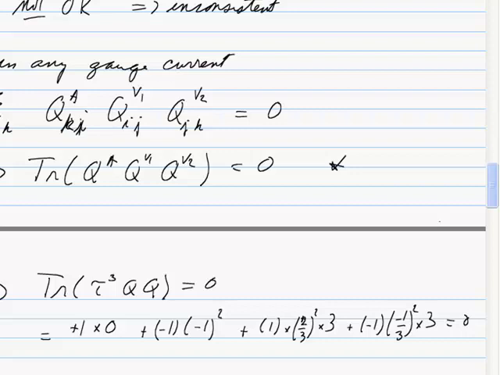Okay. So the anomaly condition here has been satisfied for Z to 2 gammas.